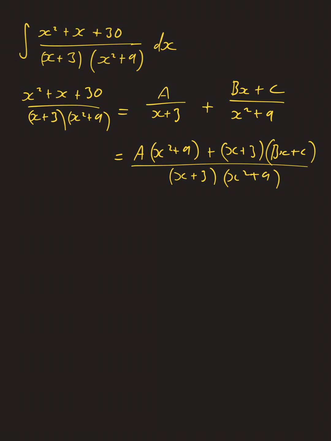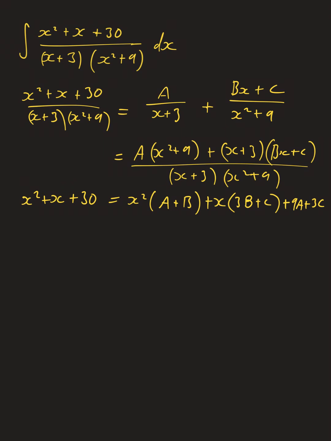So when I multiply out that numerator on the right and group up all the terms, I get the following equation. And with that I can compare the terms for that numerator on the left with the terms on the numerator on the right. So first I look at the powers of x squared, and I get a plus b is equal to 1, because I have 1x squared on the left and (a plus b) times x squared on the right.